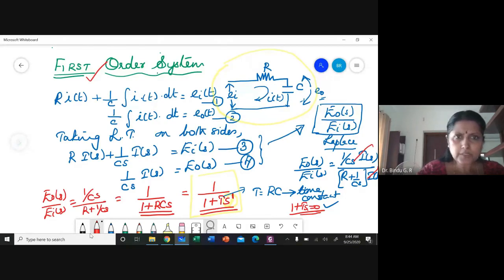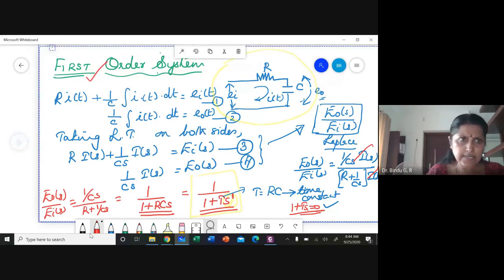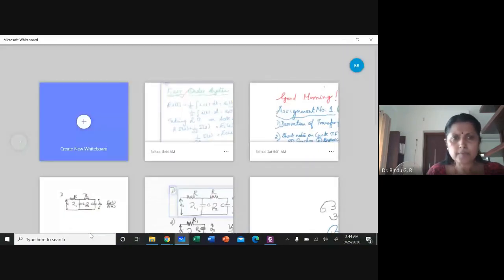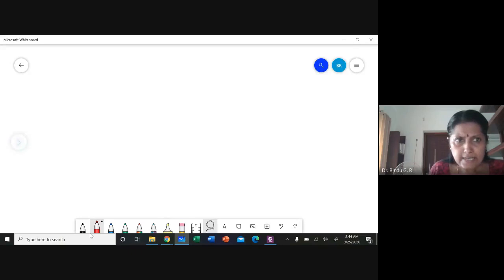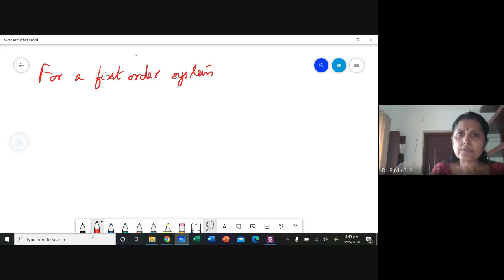So now, I'll take another slide. That's better, I think. Okay. So in that case, I can say for a first order system, the transfer function in general, instead of writing EIS, E naught S, I can write CS by RS.